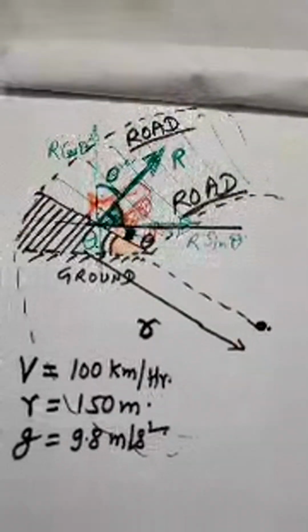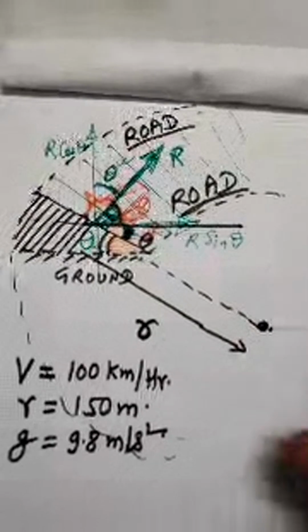theta, right? And this is equal to the force which is exerted on the car, that is the centrifugal force, that is mv square by r, right?